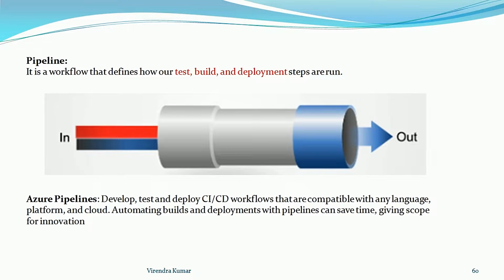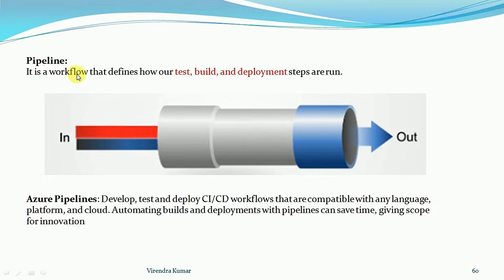On my screen you can see the pipeline concept. Generally we know what a pipeline and a pipe are. A pipeline is a way by which we provide input on one end and get the output on the second end, just like our water pipelines, where we provide water from one side and get water from the other side. The same concept is applied in the software industry for DevOps.